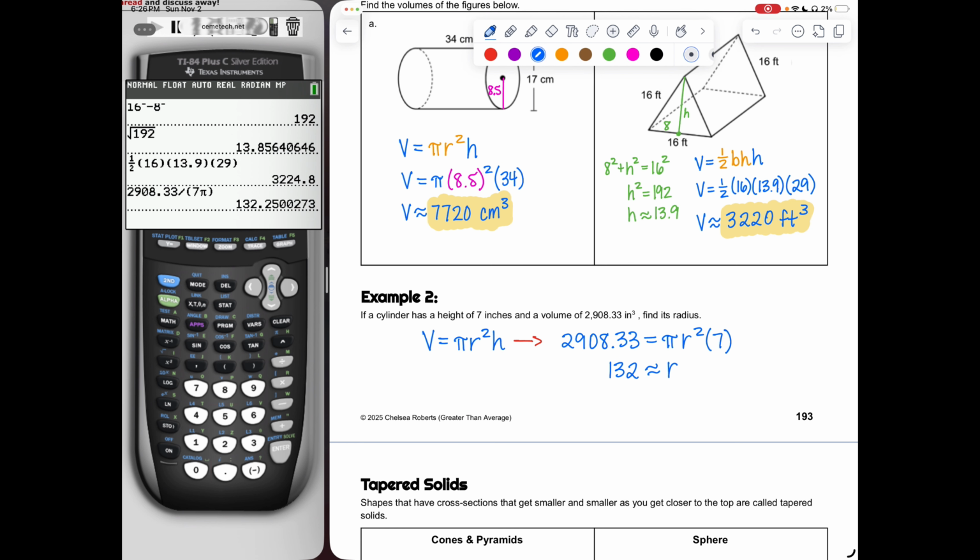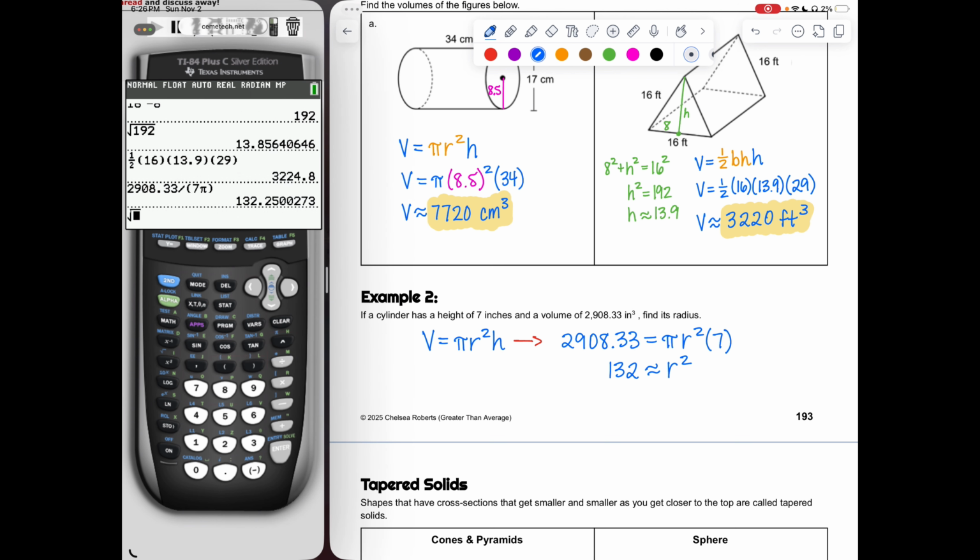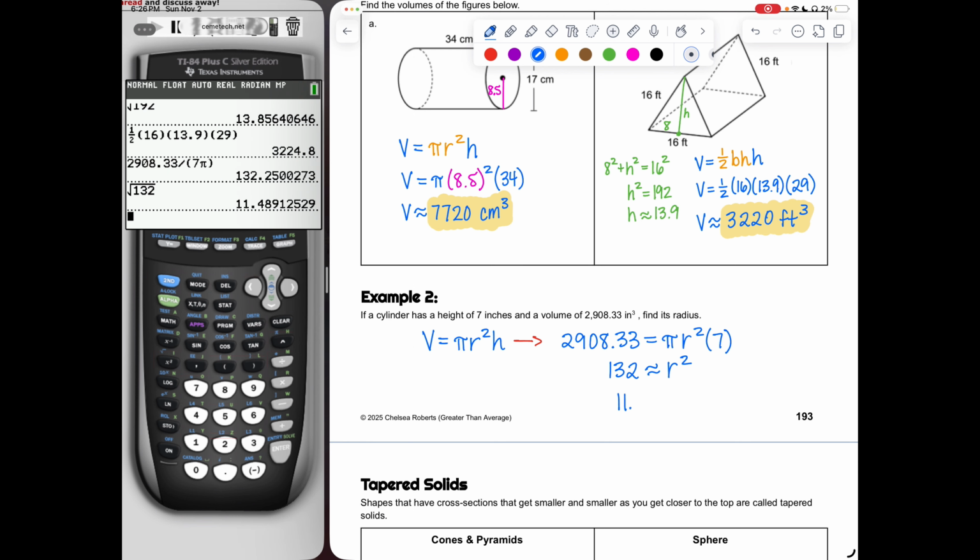And that's going to be equal to r squared. And then I'm going to take the square root of 132, and I end up getting that the radius is approximately 11.5 in 3 significant figures. So just basically solving an equation. And we know that it is going to be in inches. Always put your units.